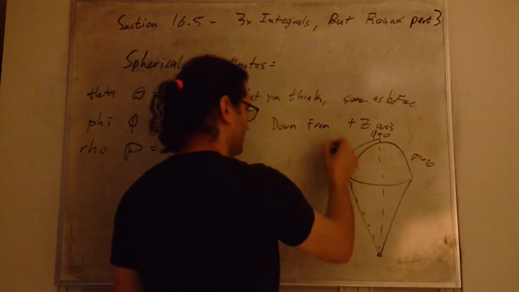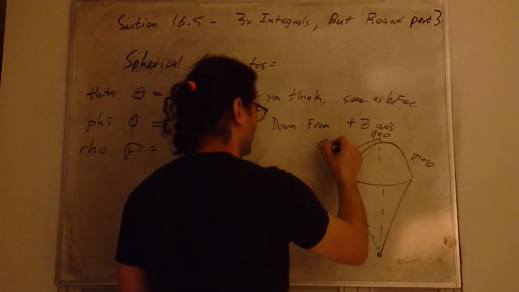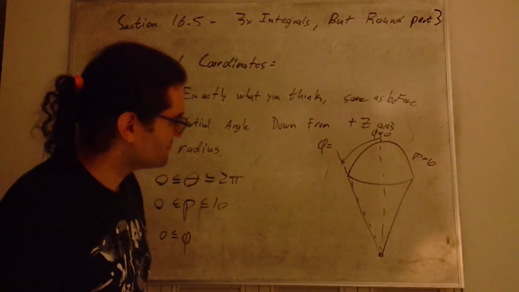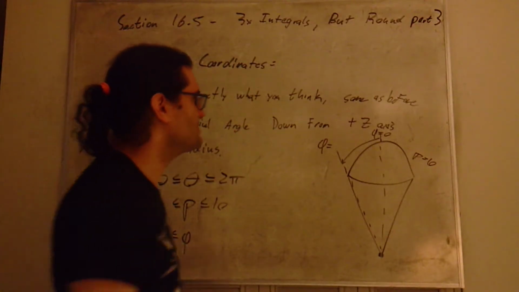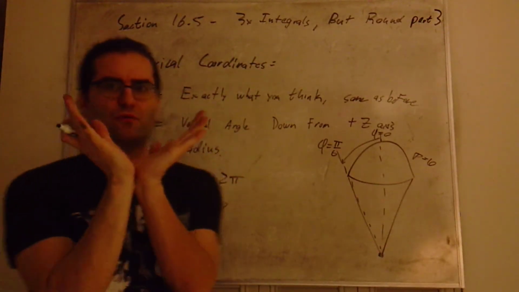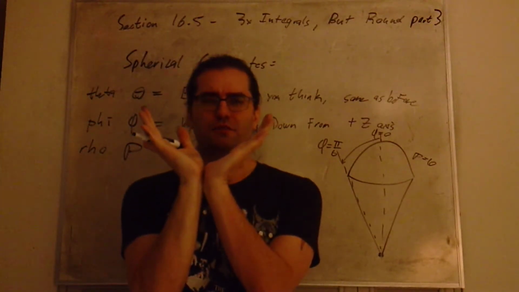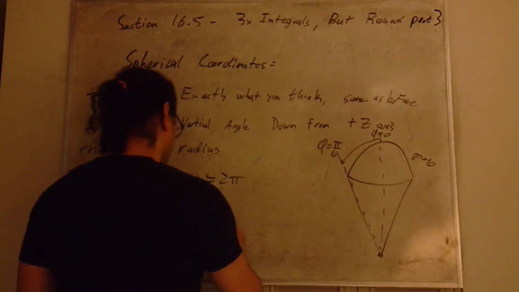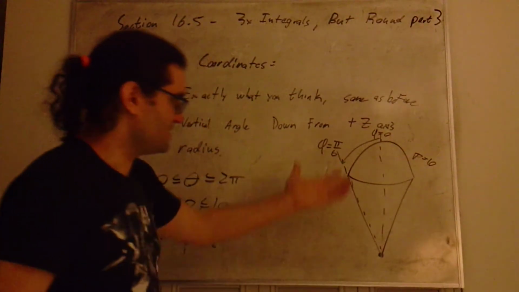This line, maybe that's phi equals, what do you think, pi over 6? Pi over 4? Let's do pi over 6. Pi over 4 would be a bizarrely wide ice cream cone. So we'll do pi over 6. And bam, that's it, that's your ice cream cone.